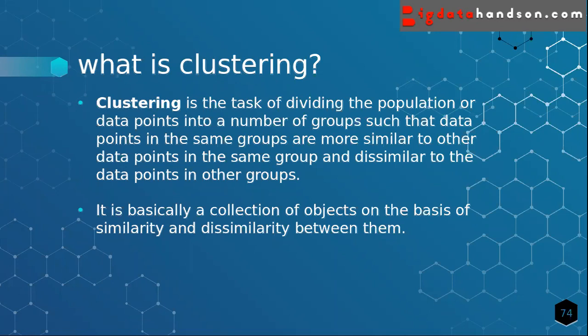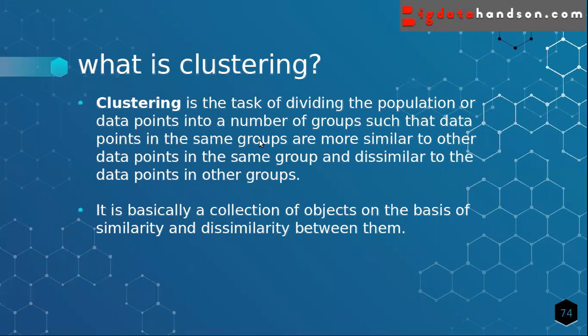So we label them with the clusters, the number of clusters we create. The clusters are created on the basis of similarity and dissimilarity between data points. Clustering is the task of dividing the population or data points into a number of groups such that data points in the same group are more similar to each other and dissimilar to the data points in other groups.